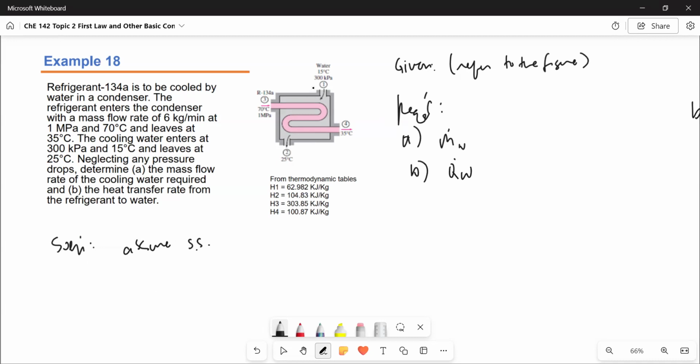So for letter A, the system in consideration is the entire figure, the entire shell. Let's call this the shell.